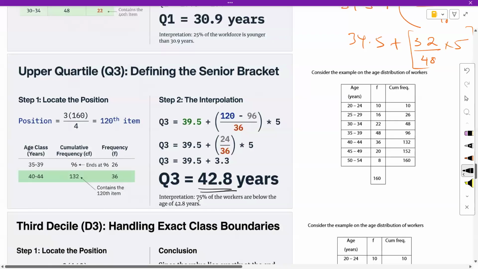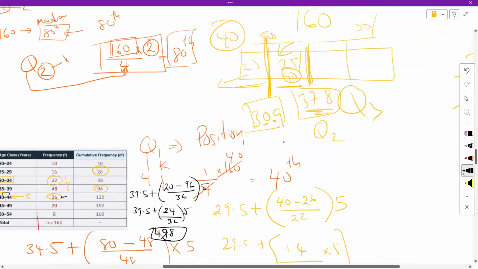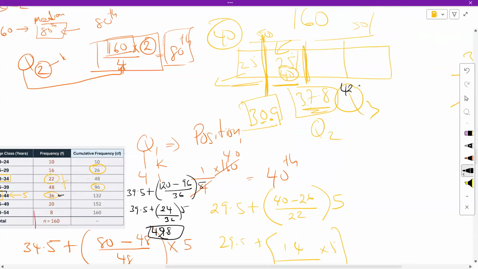Here, what's the interpretation? 75% of the workers are below age 42.8. So the top 25% is up here.